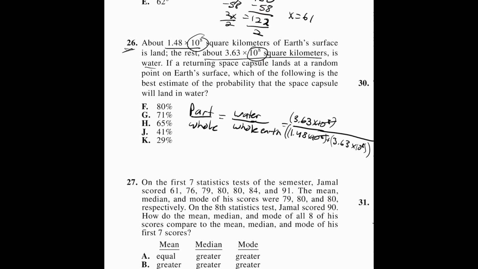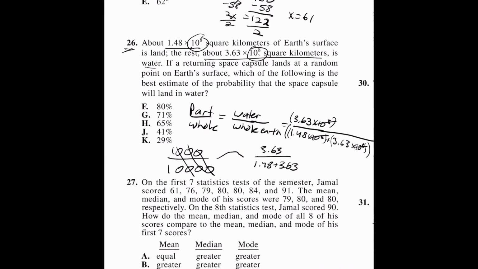So really this problem is just 3.63 over 1.48 plus 3.63, because these are the same. It's like when you have something divided by something down here, basically these cancel out. It's the same concept, right? So this is a lot easier, and you can just stick that in your calculator.